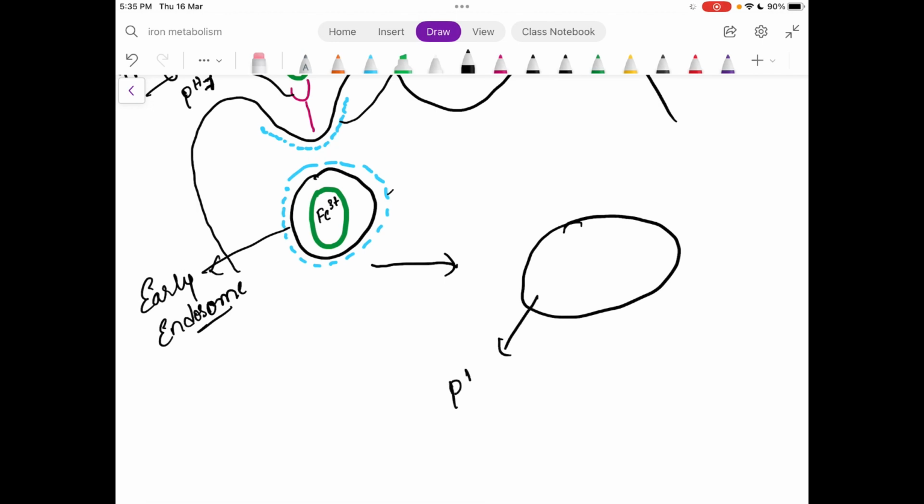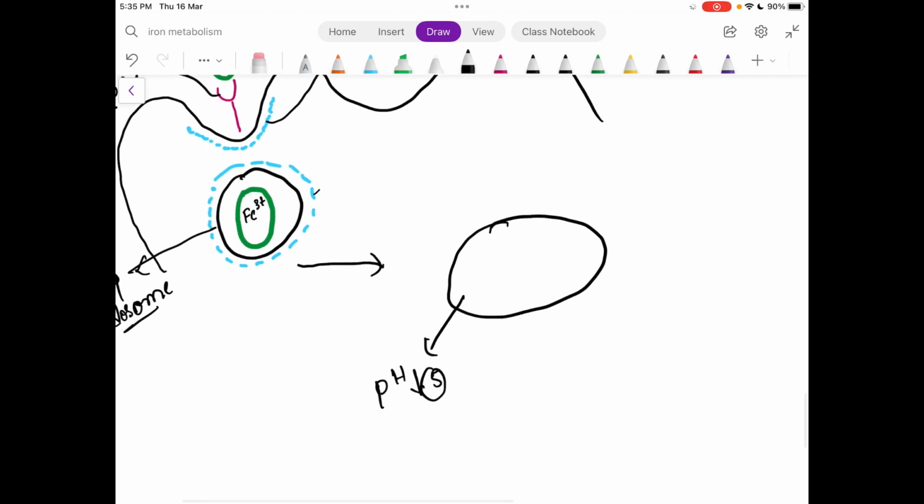The pH will be decreased to 5, and this transferrin will release the iron molecule, and this Fe3+ has to be converted into Fe2+. This is done with the help of ferrireductase.